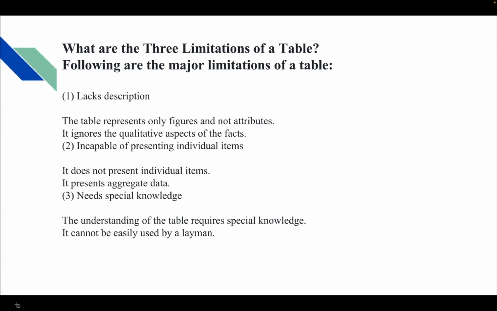It presents aggregate data, and it needs special knowledge. The understanding of the table requires special knowledge, and it cannot be easily used by a layman. Like I said, not all tables are subject to this, but for some tables that have issues, these are some of the issues that they face.